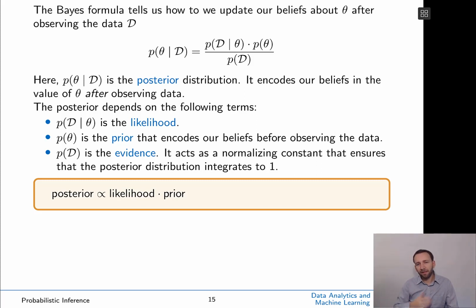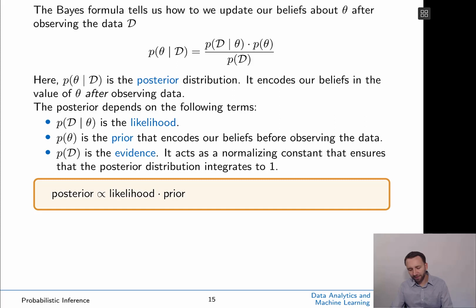And this indeed incorporates two important factors, namely our likelihood, which was the likelihood of the data given a specific parameter. So knowing that the coin is 30% biased, what is the likelihood that I see this sequence I've seen so far? Times our prior belief, what we believe a priori about a coin.